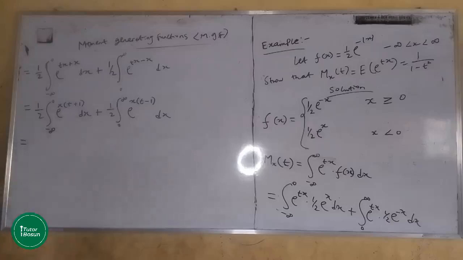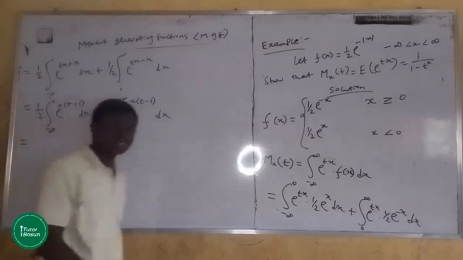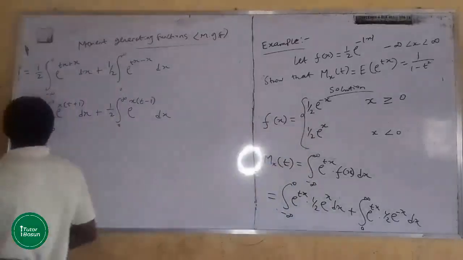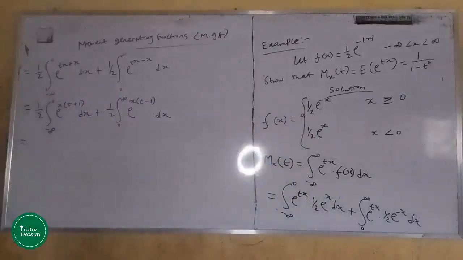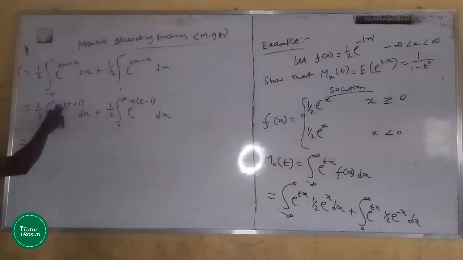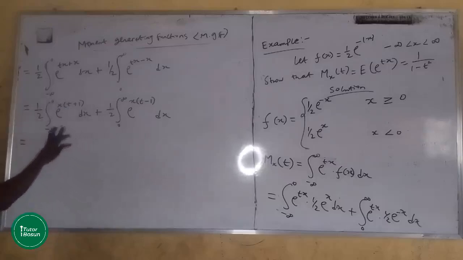We've simplified this, and we want a situation where we'll be having exponential minus infinity. If we introduce x as minus infinity in the first, you are good to go.